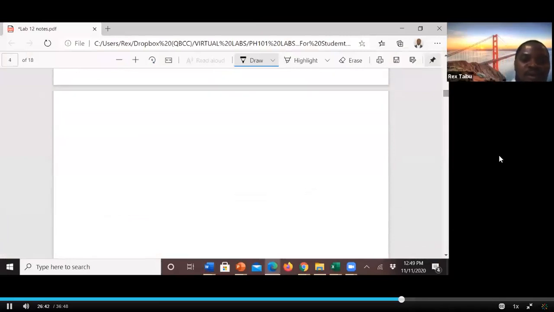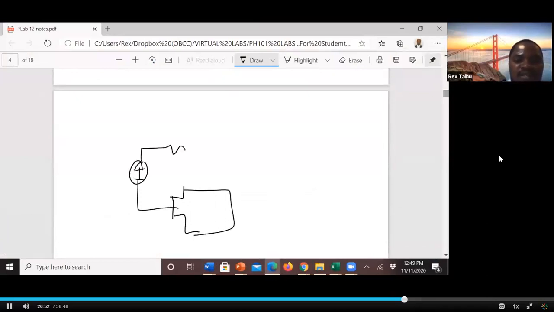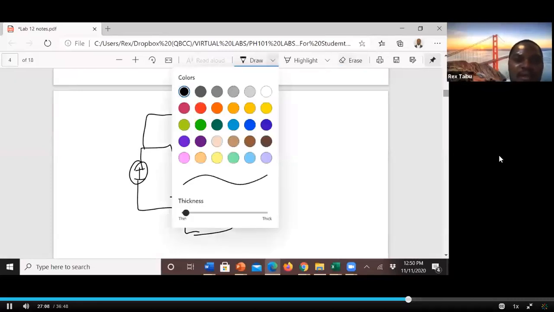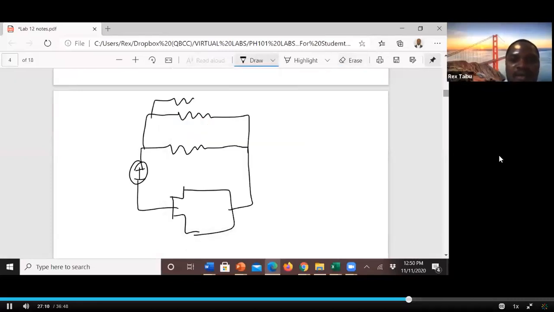But for resistors in parallel, I have my power supply battery here, and I have my ammeter here measuring the current, and I have resistors, another resistor here, another resistor here. Let me draw it nicely. Maybe this is 1, this is 2, this one is 3 up there.